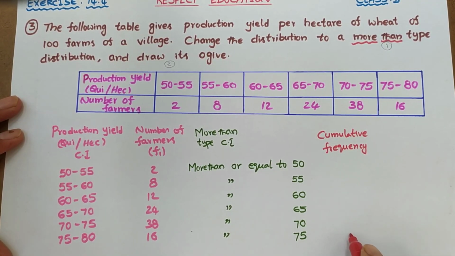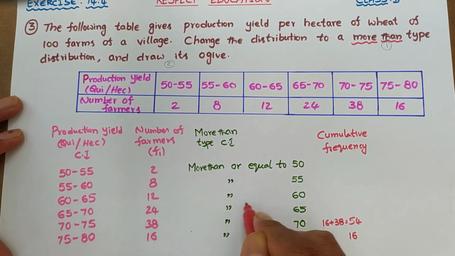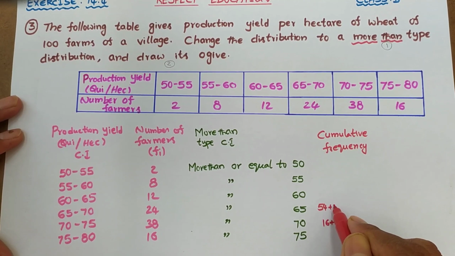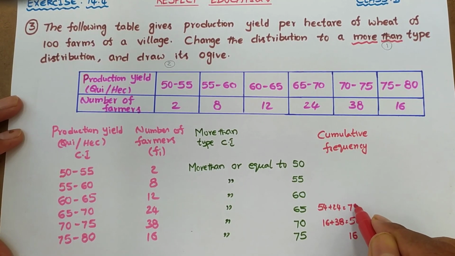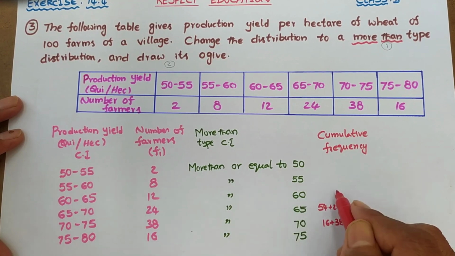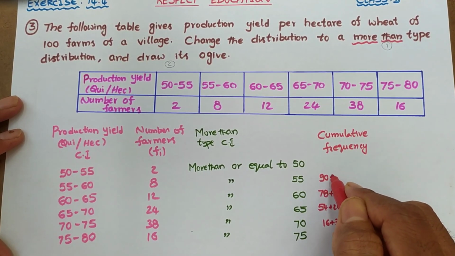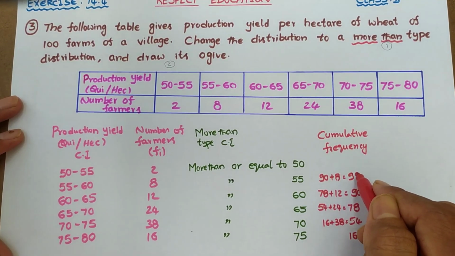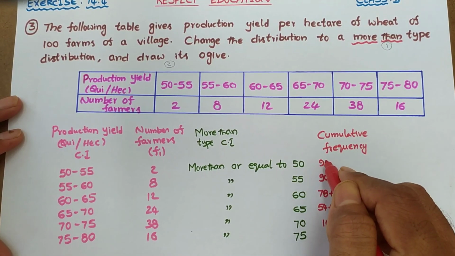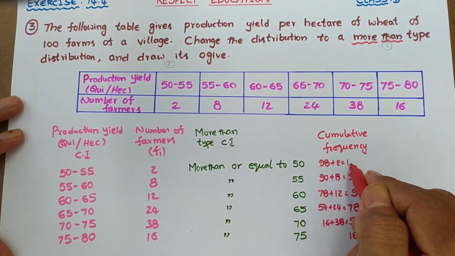So let us write the 16 first here. 16 plus this 38 is 54. 54 plus this 24 is 78. 78 plus this 12 is 90. 90 plus this 8 is 98. 98 plus 2 is 100.